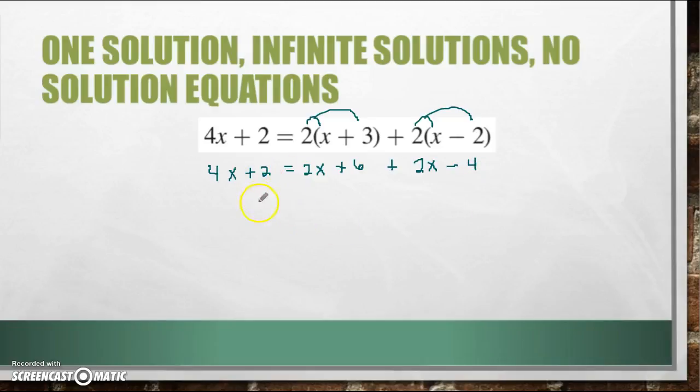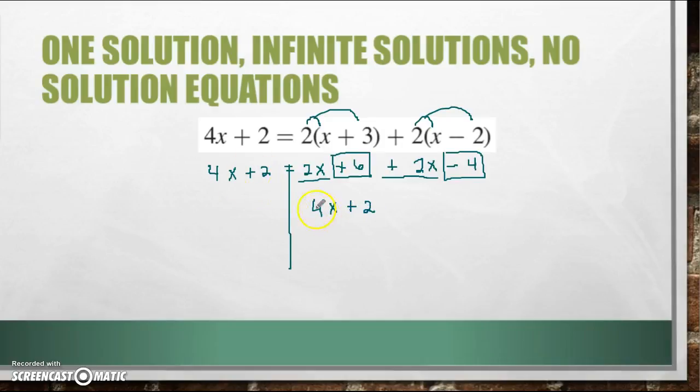So now if we combine like terms, I'm going to keep these two sides separate. There's nothing to combine on the left, but on the right, I could add 2x plus 2x. Look in front of the number, they're both added. 2 plus 2, that's 4x. And then I have a positive 6 and a minus 4. So 6 minus 4 is equal to a 2.